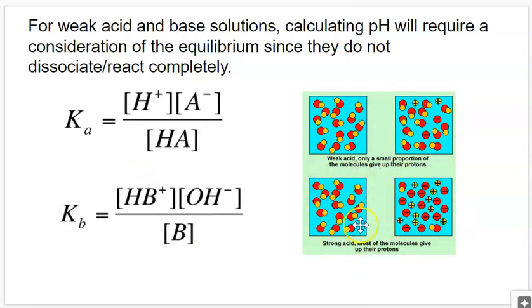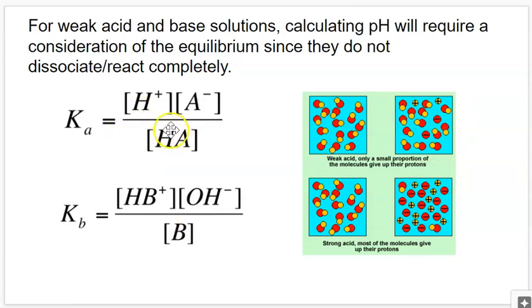If we start with our HA in a strong acid solution, all of it's going to split up. Though there's a tiny few here that aren't split up, but the equilibrium mostly favors the production of the dissociated ions. Whereas with the weak acid, only a small portion of the HAs are splitting up into their individual ions.